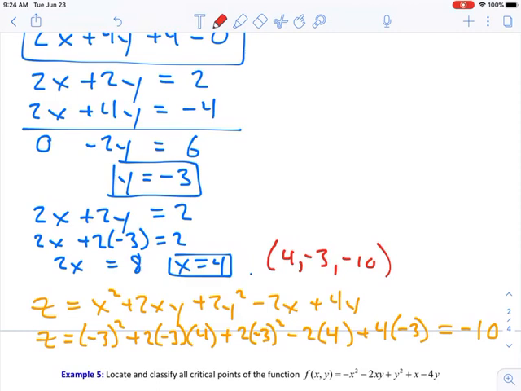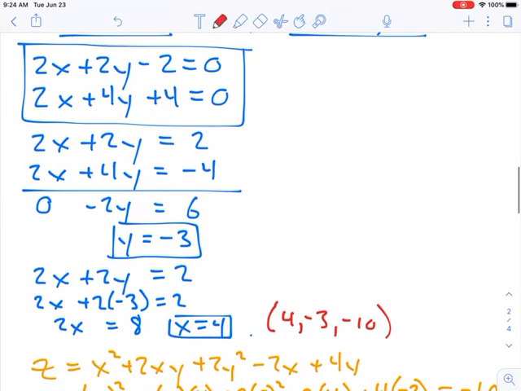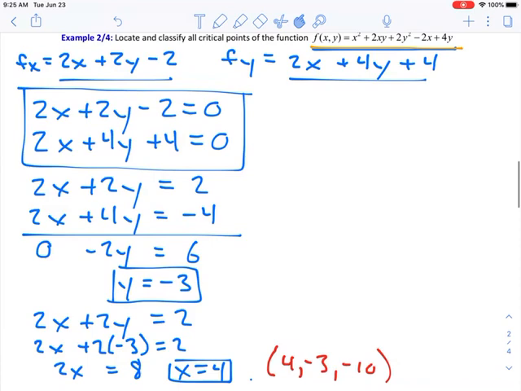So what we need to do now is classify the point. And so to classify the point, we need to find our second partial derivatives. Let's find f of xx. That's going to be just 2 again. F of yy is also going to be 4.